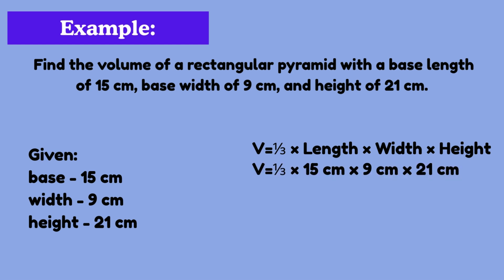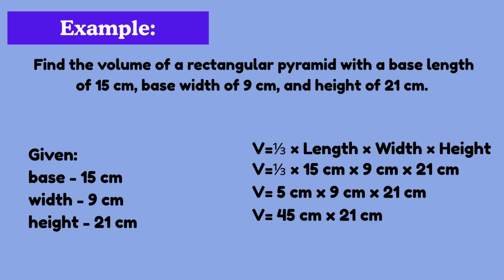We substitute the values. V equals 1/3 times 15 times 9 times 21. So 1/3 of 15 is 5, then 5 multiplied by 9 is 45, and finally 45 multiplied by 21 equals 945. So the volume of the rectangular pyramid is 945 cubic centimeters.